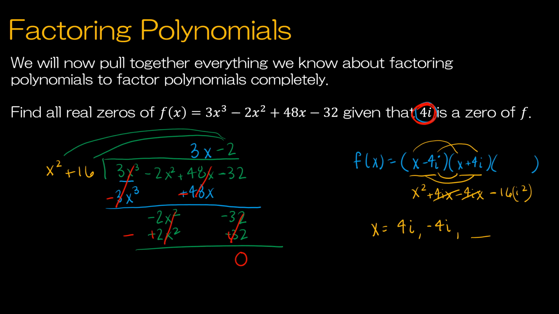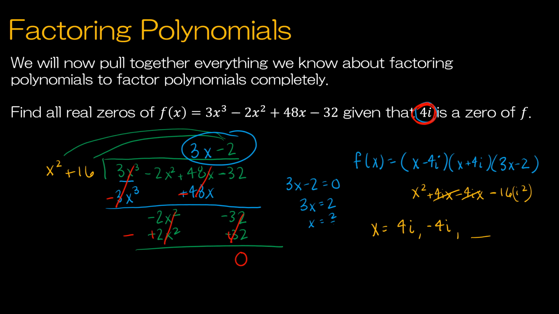So what this tells me is that my final factor is 3x minus 2. And my final 0 is setting 3x minus 2 equal to 0, which you can do as mental math if you'd like, or you can work it out. And x is equal to 2/3. So my final 0 is 2/3.